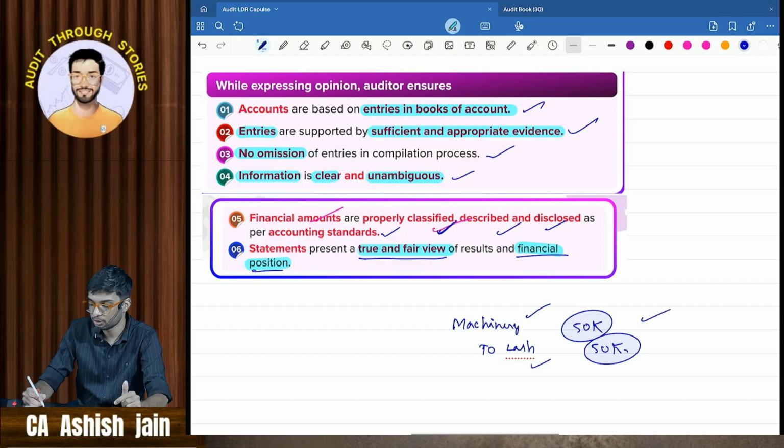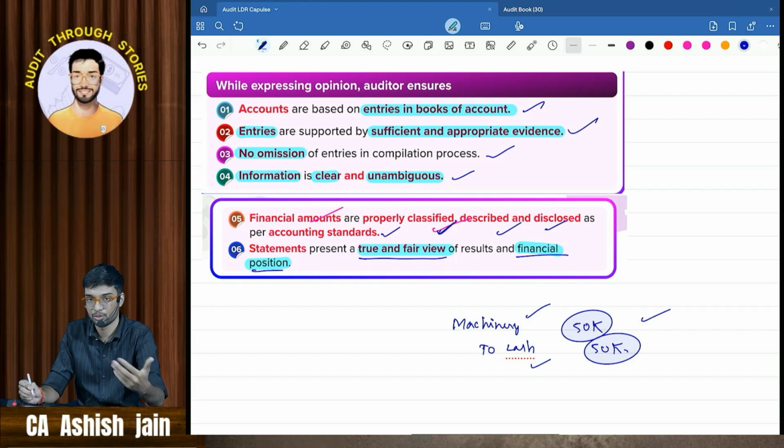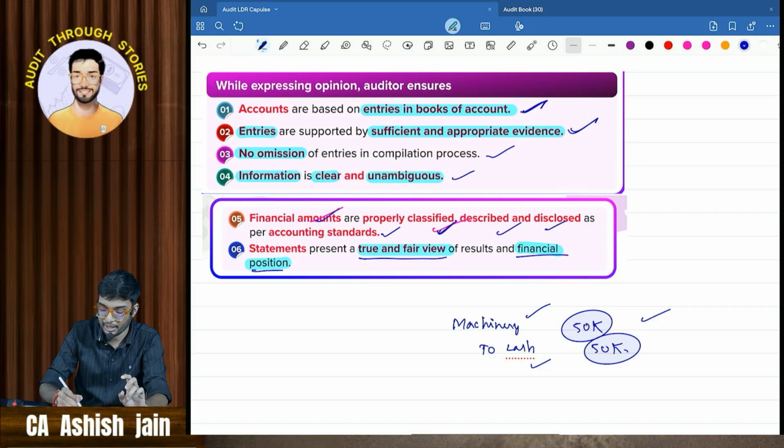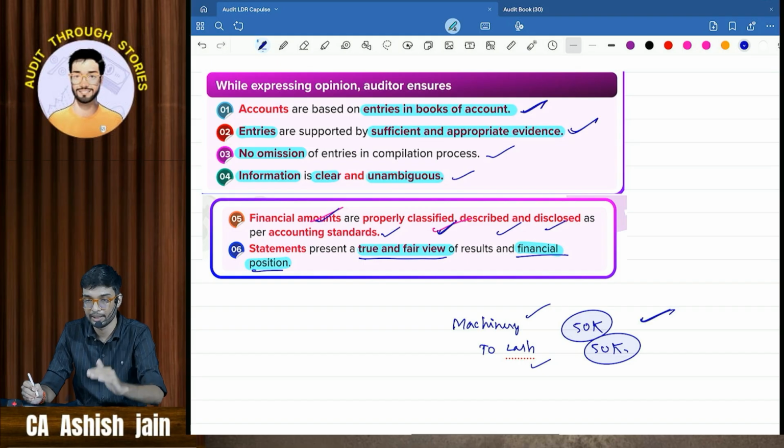I hope if you remember this entry, you can recall all the points very easily. The first point is entries in the books of accounts. Then, on what basis, sufficient appropriate audit evidence, and no omission, and information should be clear and unambiguous. Then the financial amount put in the entry has to be properly classified and disclosed as per Ind AS or AS, that is, the applicable financial reporting framework.